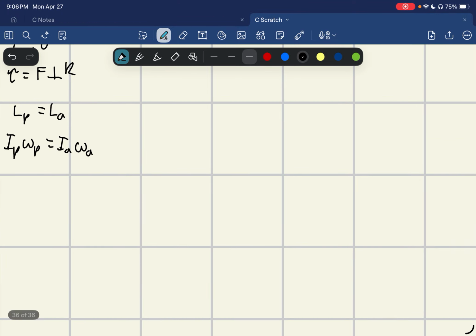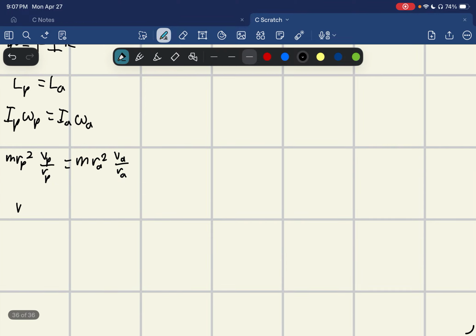Then we'll treat the comet as a point mass, so I will turn into m r squared, and we'll break up omega p to v over r, so m rp squared times vp over rp is equal to m ra squared times va over ra. The m's will cancel from both sides, and rp will cancel with rp squared, and ra will cancel with ra squared. So it'll turn into rp times vp is equal to ra times va.